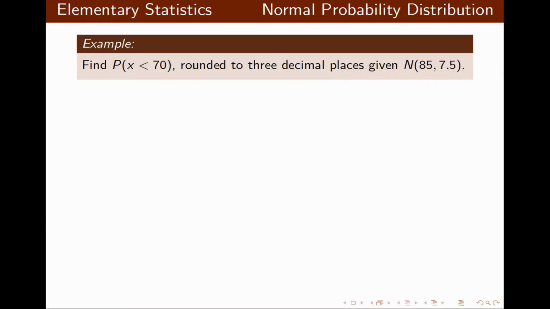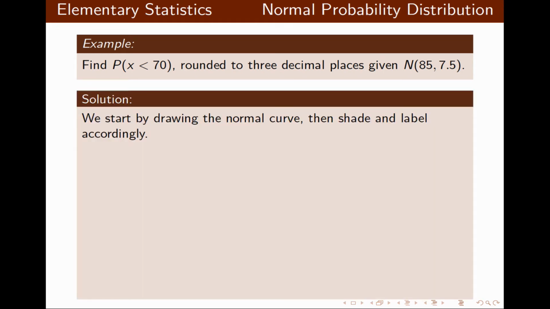Now let's find probability that x is below 70 rounded to 3 decimal places given a normal distribution with the mean of 85 and a standard deviation of 7.5. Again, we're going to draw the normal curve, shade, and label accordingly.